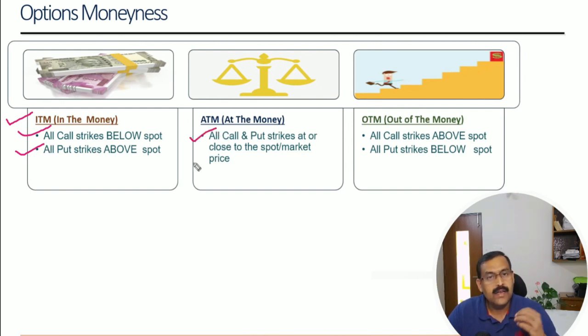All call and put strikes at or closer to the spot, that's the current market price, are at the money strikes. All the call strikes above the spot are out of the money, and all the put strikes below the spot are out of the money.